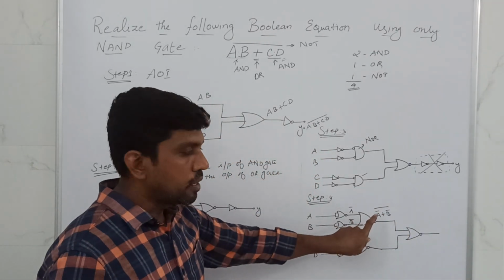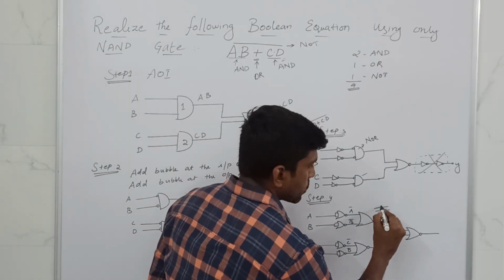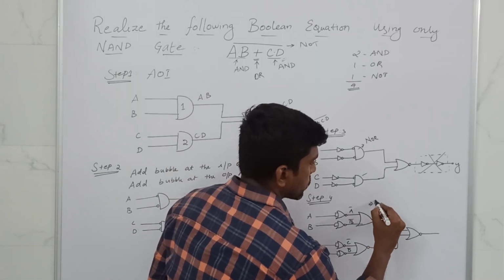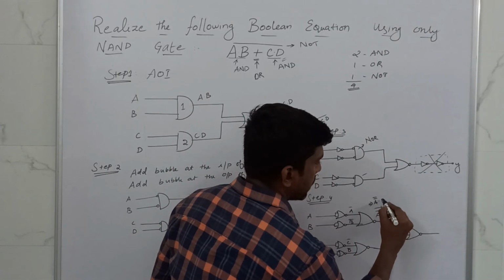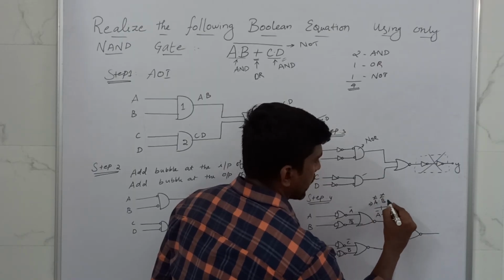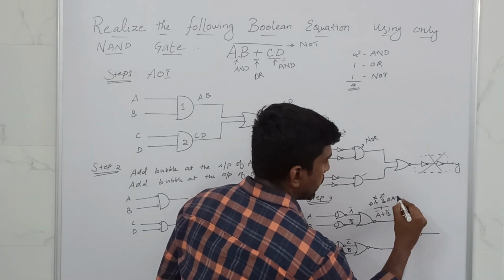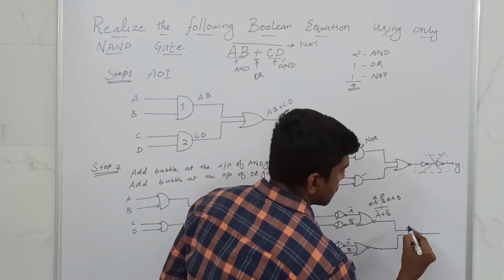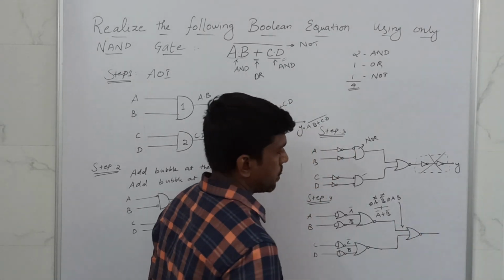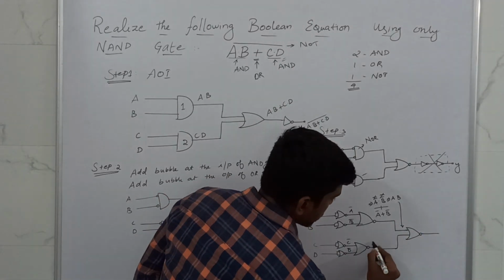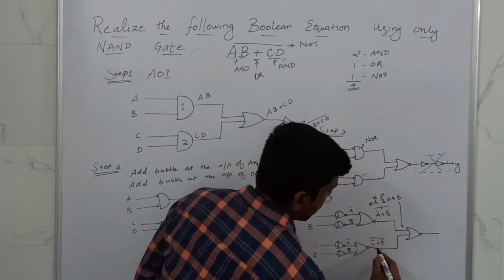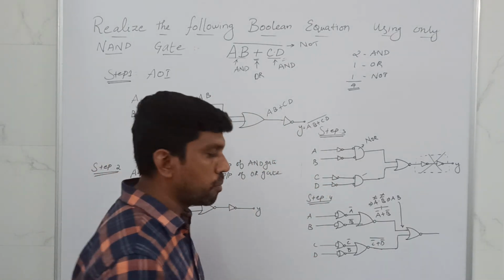Just apply De Morgan's theorem here. Break the bar, change the sign: A double bar dot B double bar. The bars cancel, so finally you get A dot B. This A dot B is the input of the final NOR gate. Then C bar plus D bar, the whole bar: here also apply De Morgan's theorem.